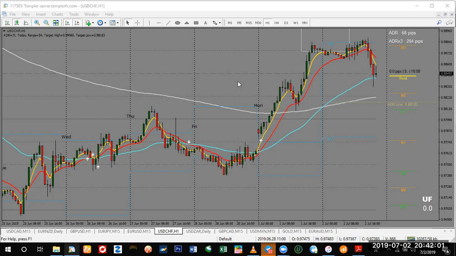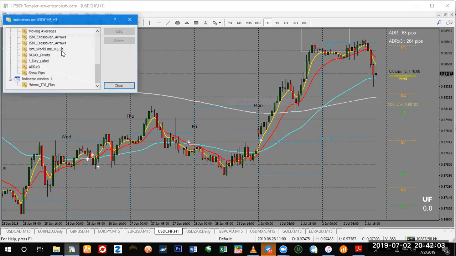On your indicators list there, you should have the price line grids. The indicator AF price line grid. So if you have only added the template without adding the indicators, that's why I send you the templates and the indicators, so that when you load the template, it would have all the indicators that I have.